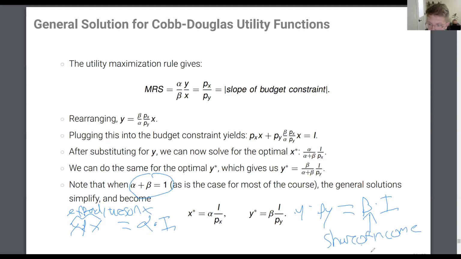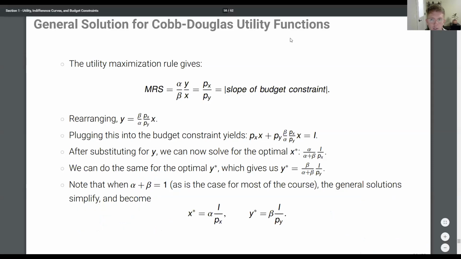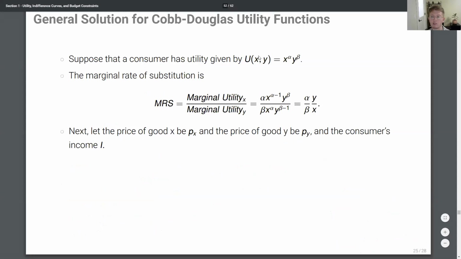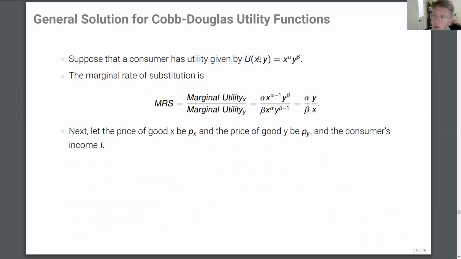And so I'd say that you need to memorize these, but really you don't have to memorize that X is equal to alpha times I over PX. What you should just recall is that if we go back, note that alpha is the exponent on X, and beta is the exponent on Y here.